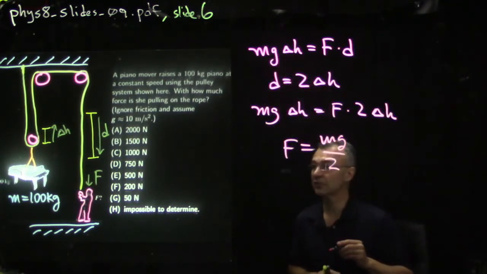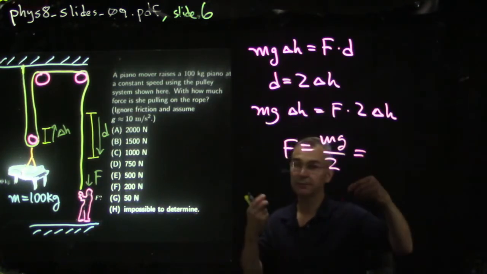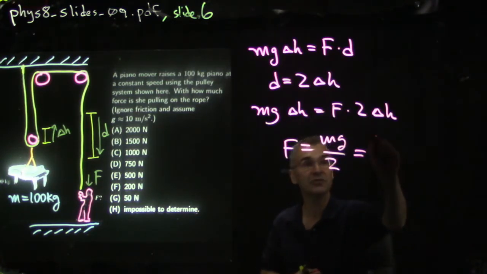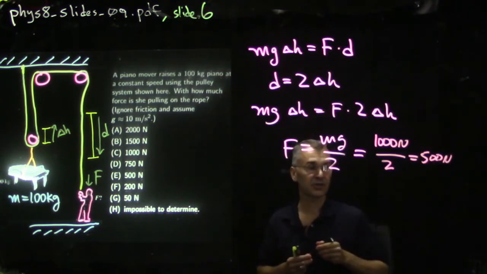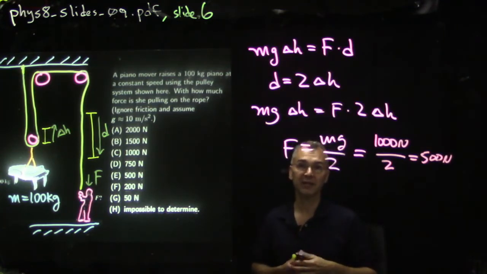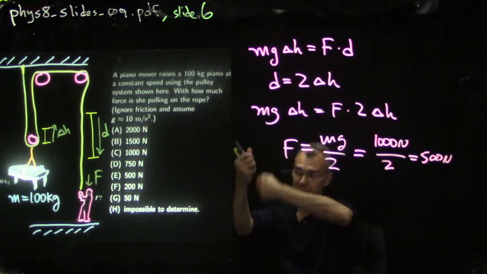The mass of the piano is 100 kilograms, so multiply that by g and you get 1,000 newtons. That would be 1,000 newtons divided by 2, or 500 newtons. So instead of having to lift the piano's entire 1,000 newton weight, she only has to lift half of it. She only has to pull down with 500 newtons on the rope.